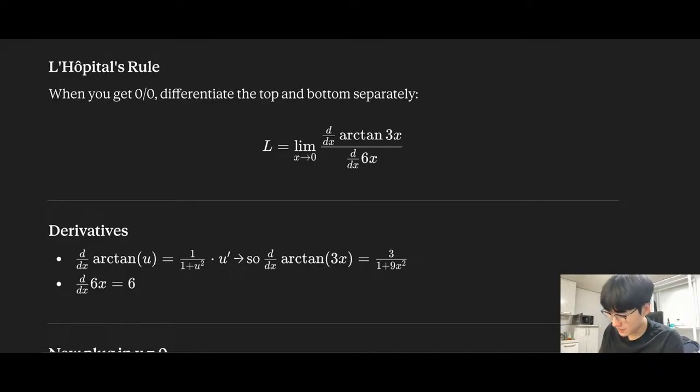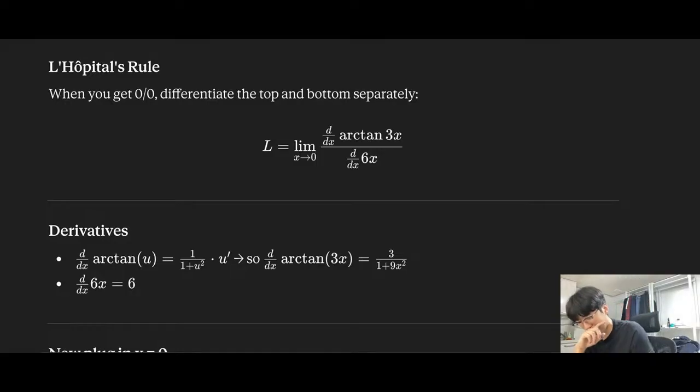So the derivative of arctangent with the value 3x: first you have 1 over 1 plus u, which is 3x, to the power of 2, times the derivative of 3x, which is 3. Huh?